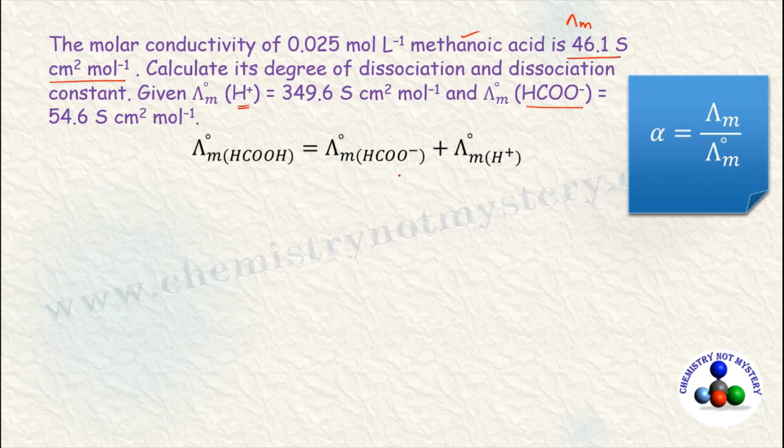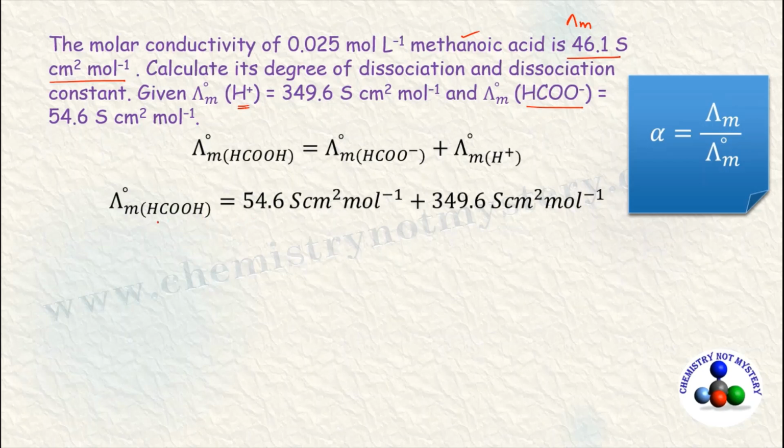When you place the values in it, you will get limiting molar conductivity of methanoic acid is equal to 54.6 plus 349.6. When you add these values, you will get limiting molar conductivity of methanoic acid is equal to 404.2 Siemens centimeter square per mole. Now use this formula to calculate the degree of dissociation.